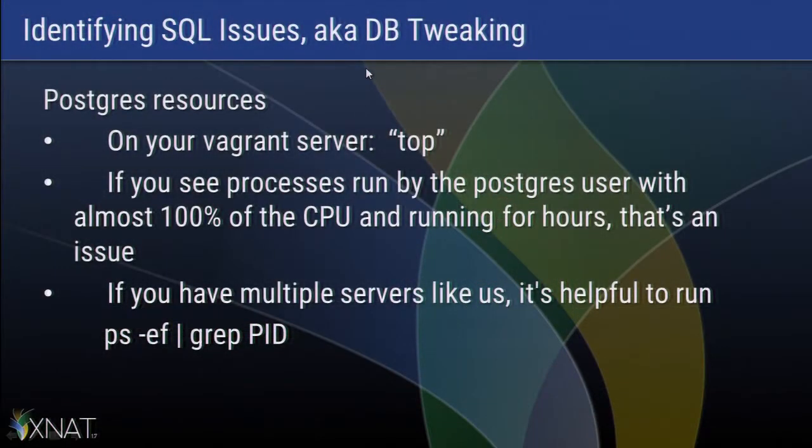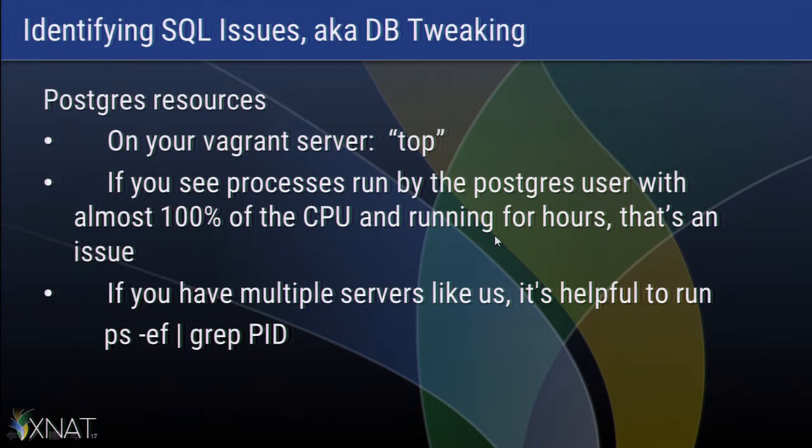And we could see that there were 3 processes that had been running for 2 hours, and they were all taking 100% of their CPU, and I think there are 4 CPUs on our Postgres server. So that's a good way to find them as well. The process IDs are in there when you do that, and you can look up the processes and figure out where they were launched.